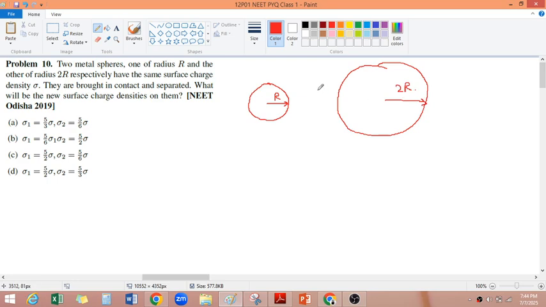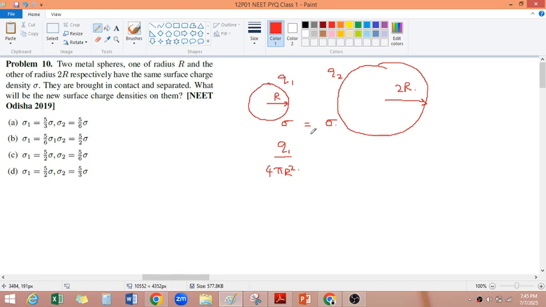They have the same surface charge density, so that means sigma here is equal to sigma here. I don't know the charges here, so let's call them q1, q2. Remember, the q1, q2 may be different, right? They need not be the same because of the area. They are saying the sigma is the same. So what is sigma? Charge by area. So q1 by 4 pi r square. Why 4 pi r square?